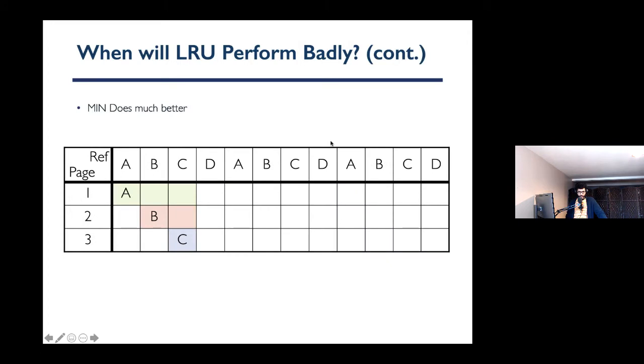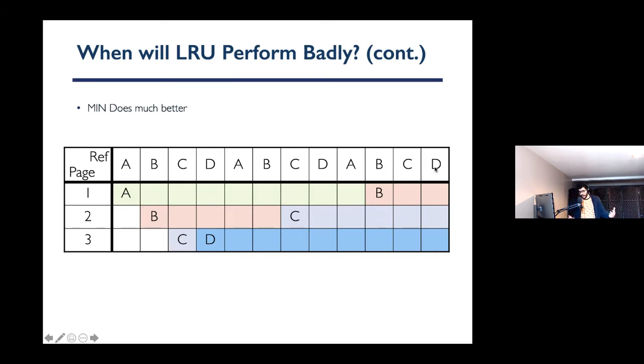If you run min on this example, you get 1, 2, 3, 4, 5, 6. So 6 page faults with min, whereas 1, 2, 3, 4, 5, 6, 7, 8, 9, 10, 11, 12 misses with LRU.